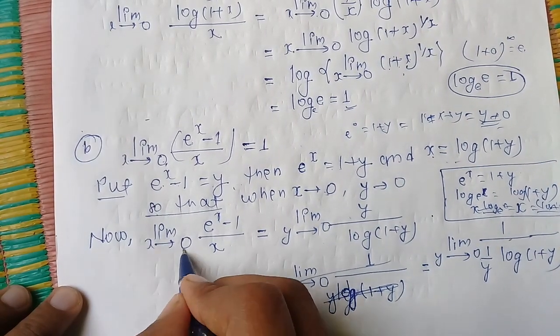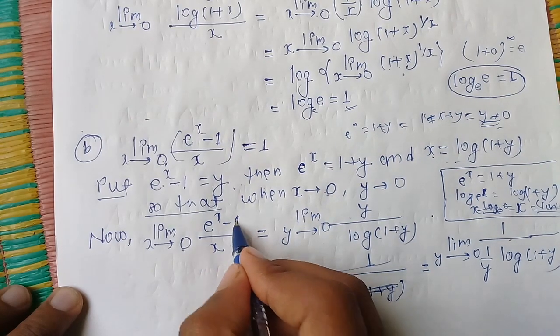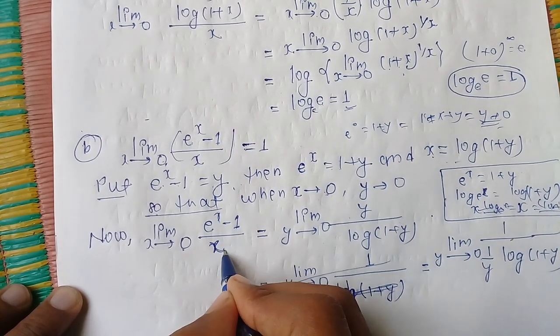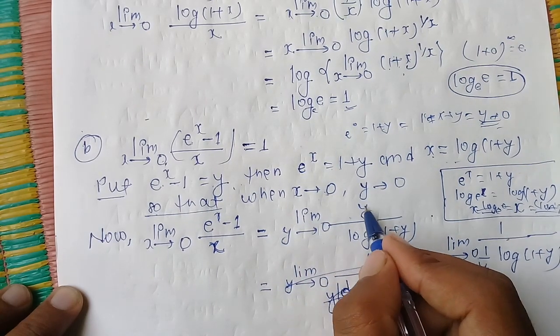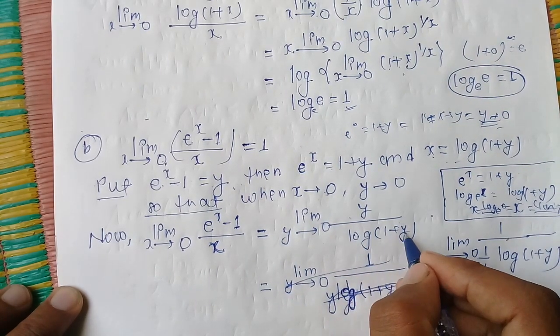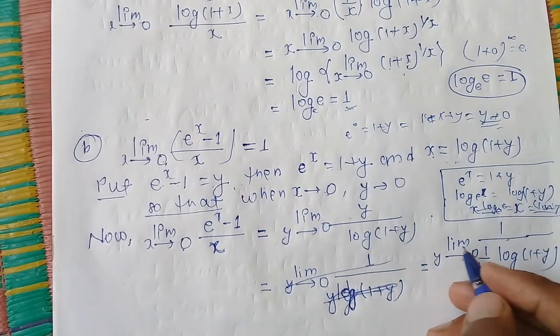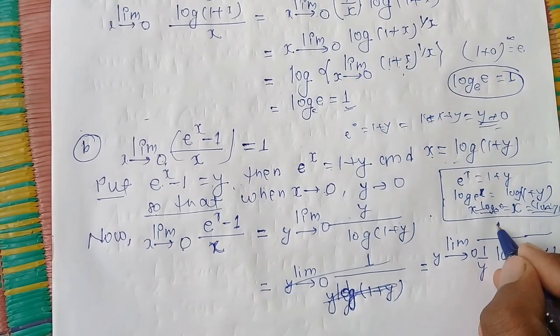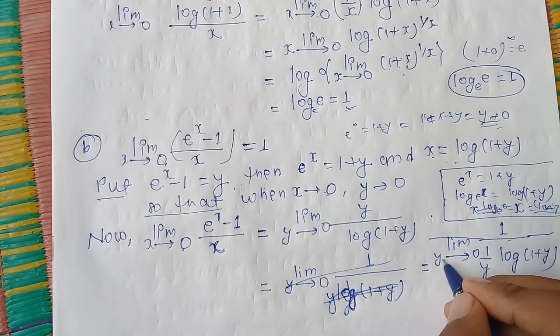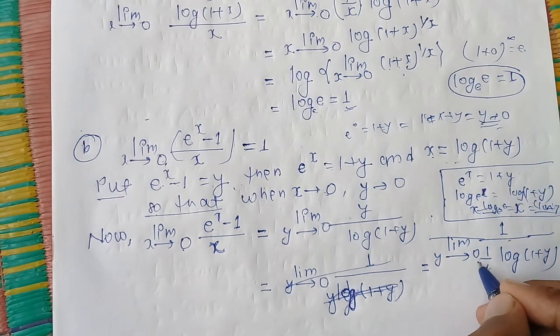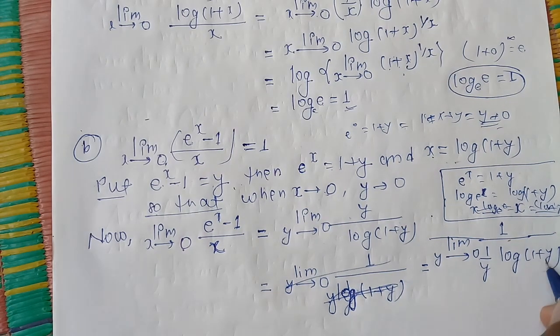Now limit x tends to 0, e to the power x minus 1 divided by x is equal to limit y tends to 0, y divided by log 1 plus y. So this function can be written as 1 divided by limit y tends to 0, log 1 plus y divided by y.